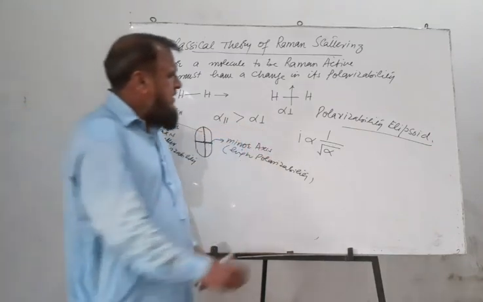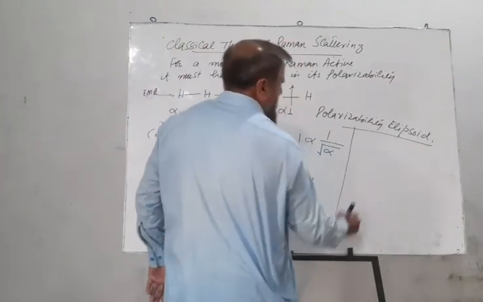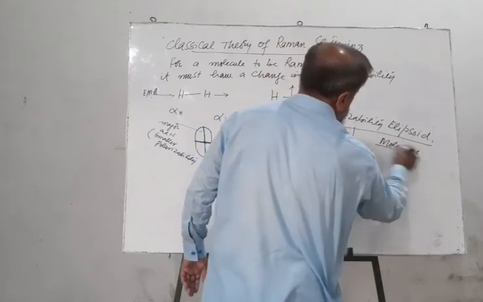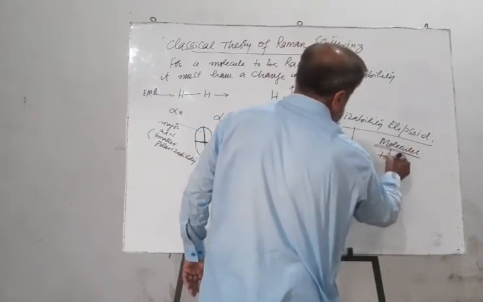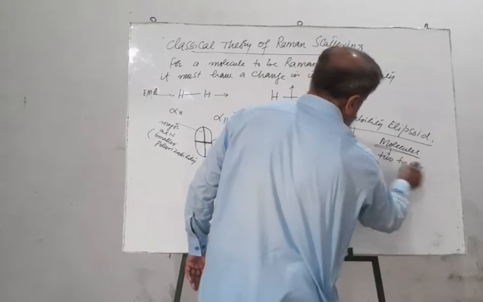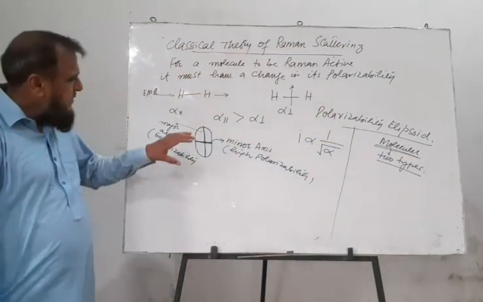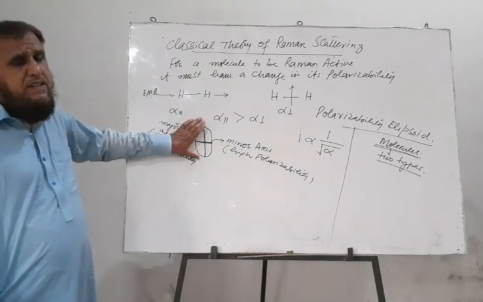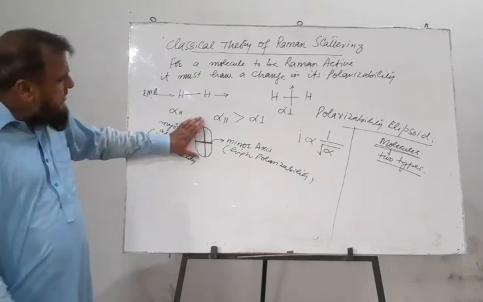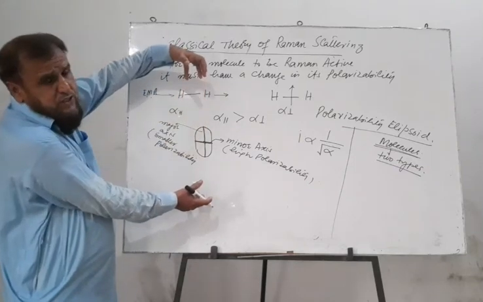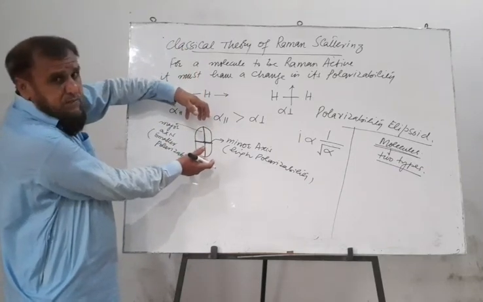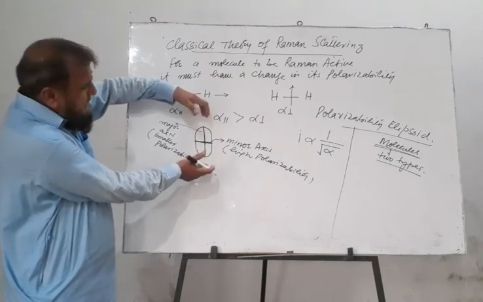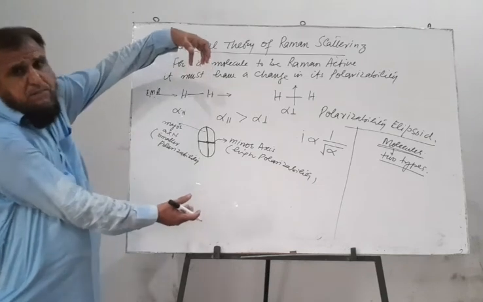One more thing, if a molecule is easily polarizable, then it will be represented by a small ellipsoid. And if a molecule is less polarizable, then it will be represented by a big ellipsoid.